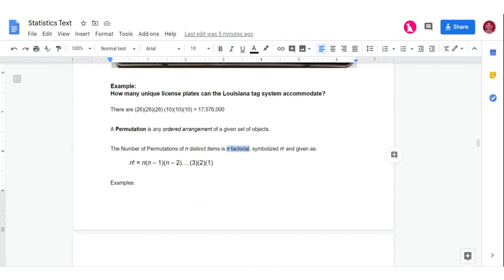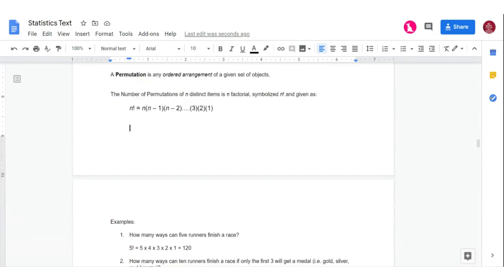And what that does, if you didn't know, is that whatever number you put in, and then you hit the exclamation point, it starts with that number, then subtracts 1 and multiplies, and then subtracts 1 and multiplies, and it goes all the way down to 1, and then multiplies all of those. So let me show you what I'm talking about.